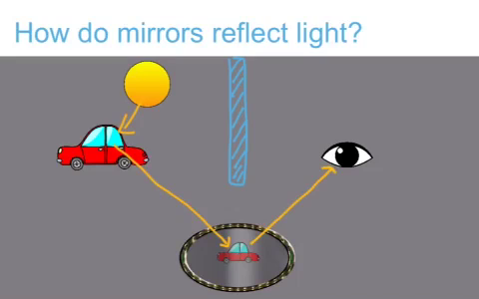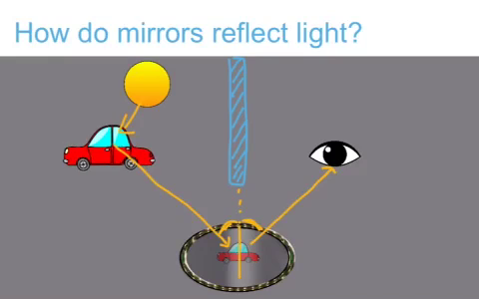And one thing to take note of is that this angle here and this angle here are the same, which means that if we were to move the eye here, we will not be able to see the car, and if we were to move the eye here, we will not be able to see the car as well. It's only when the eye forms the same angle as the car that we can see the car in the mirror.